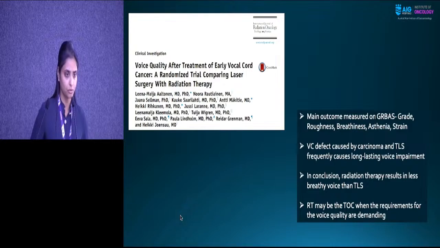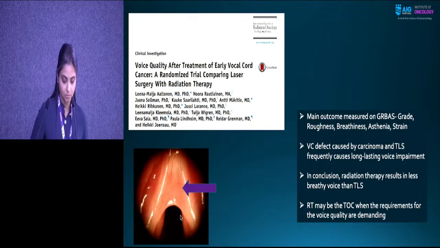For the students who are here, there will definitely be a clear vocal cord defect caused by the carcinoma, and also because of the laser excision. So we usually have a greater defect, and the voice quality is quite compromised and impeded. This paper concluded that for better voice quality, radiotherapy is definitely the treatment of choice. And with anterior commissure tumors, there is definitely a problem.